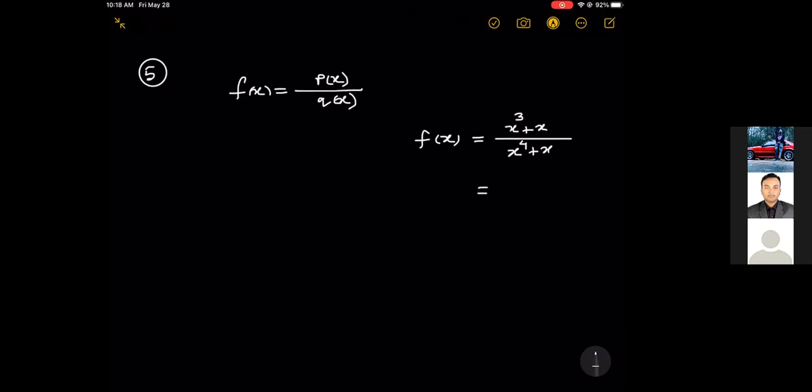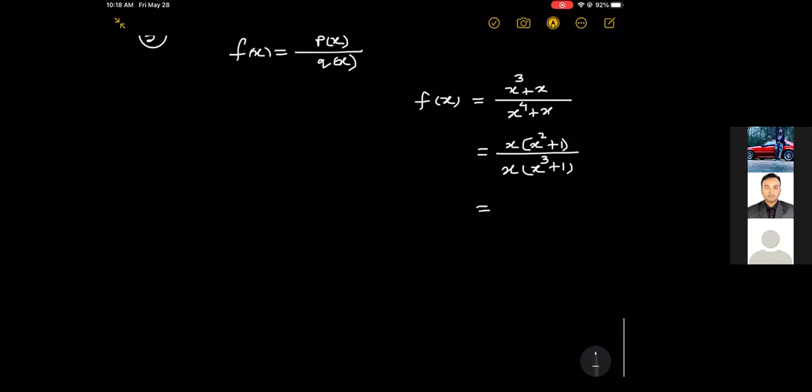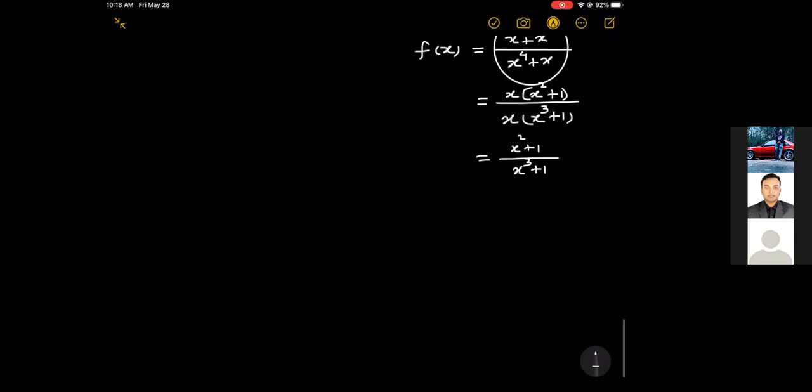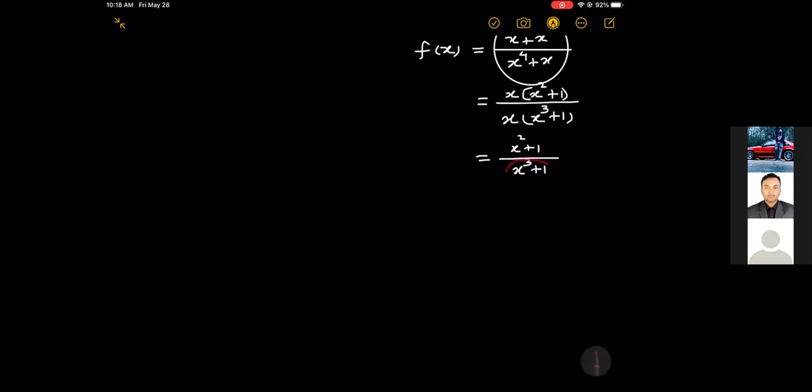If we factor out x from the numerator, we have this. If we factor out from the denominator, then we have this. So the reduced format is x squared plus 1 over x cubed plus 1. Okay, so this is the reduced format of this function. So we say in the reduced format, we just need to find the zeros of the polynomial q. That means whatever we have in the denominator. We just need to find the zeros of this.